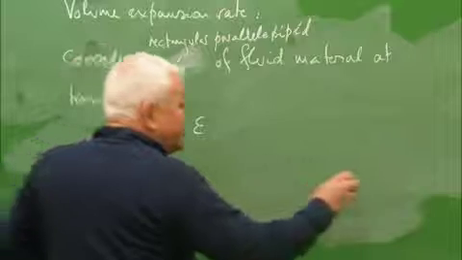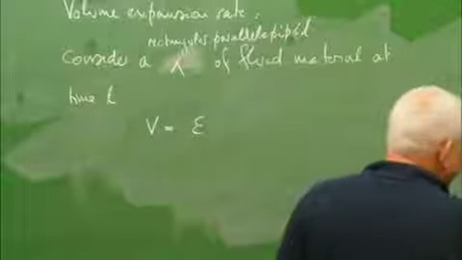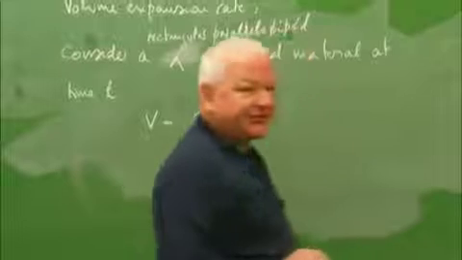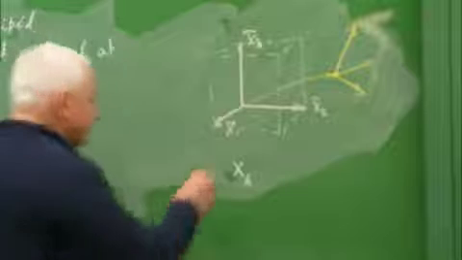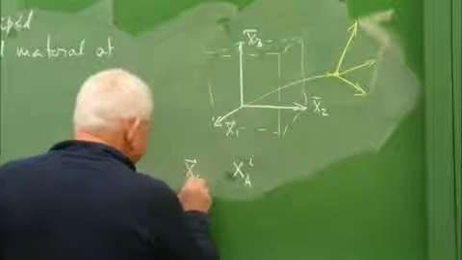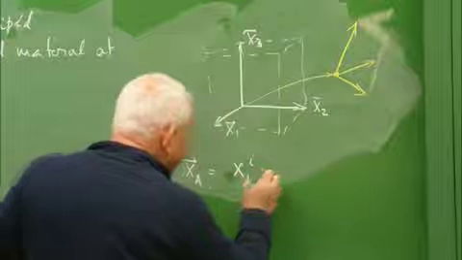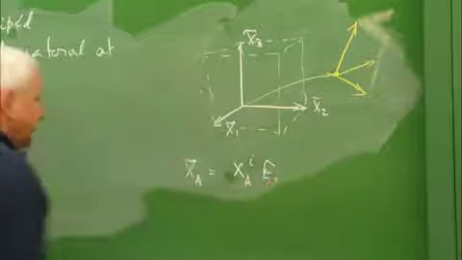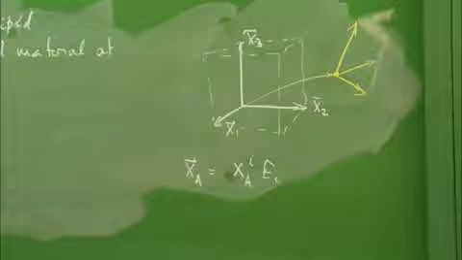Okay, so let me write out the components of the vectors here. I will write the label that numbers the vector as capital A at the bottom, so that you don't confuse it with components. And the components of the vector x_A will be given to me by this, where the capital E's are i, j, and k.